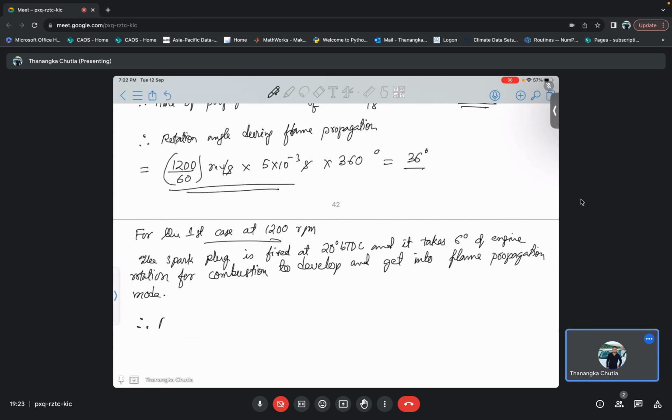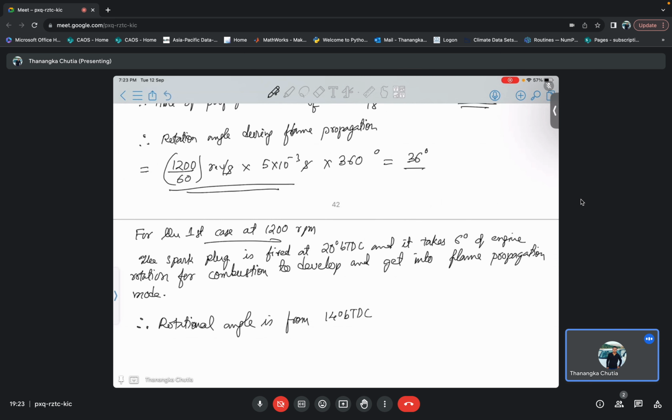Therefore the rotational angle will be from where? The spark plug is fired 20 degree before TDC and it takes 6 degrees for the combustion to develop. So it doesn't start from 20 degree, it will basically start from 14 degree before TDC.